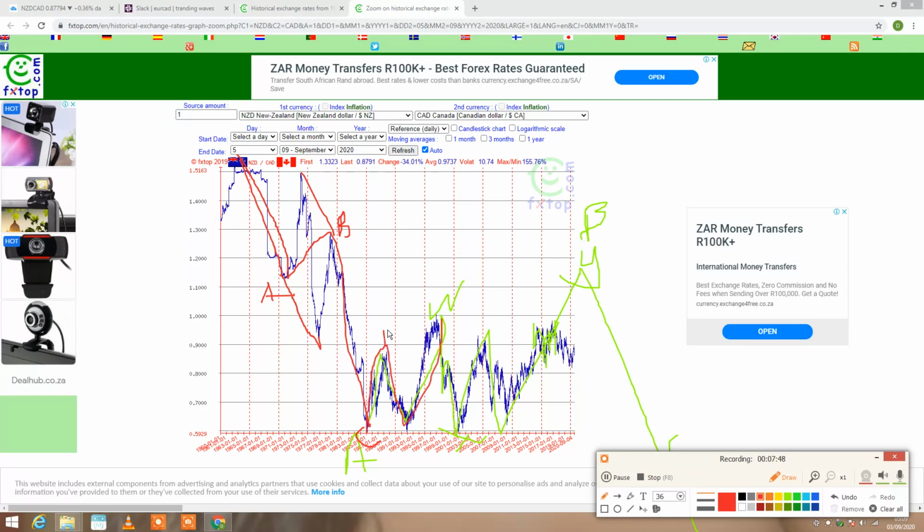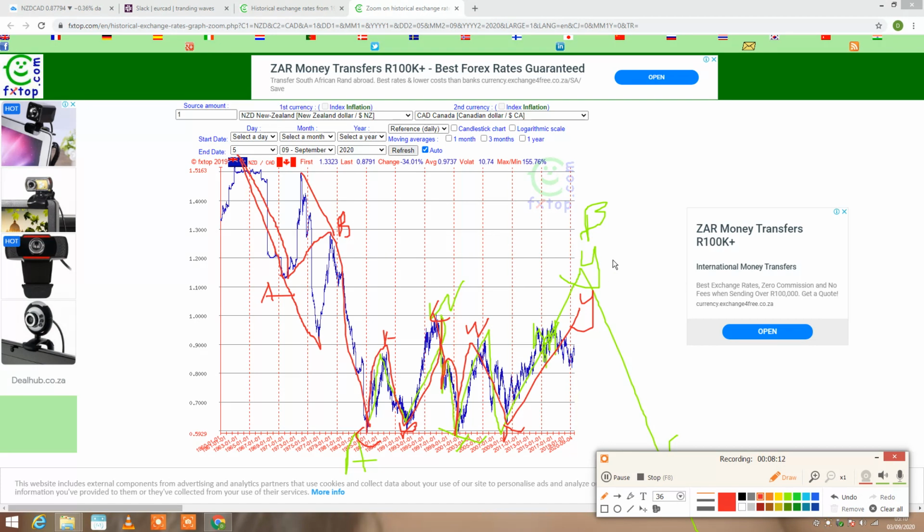What does this mean? This is also A, B, C. And we have another 1 2 3, and this is also A, B, C. And we have another 1 2 3. So on the Y, it's actually a W, X, Y. Right, so the market moves in 3 3 3 3 as always.